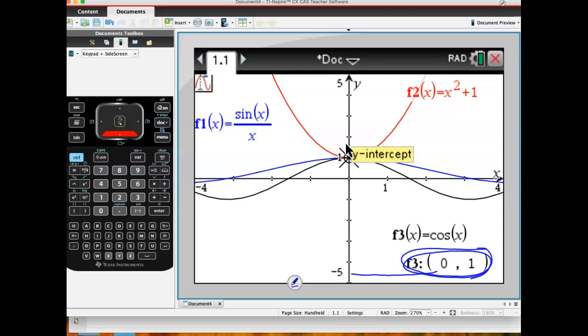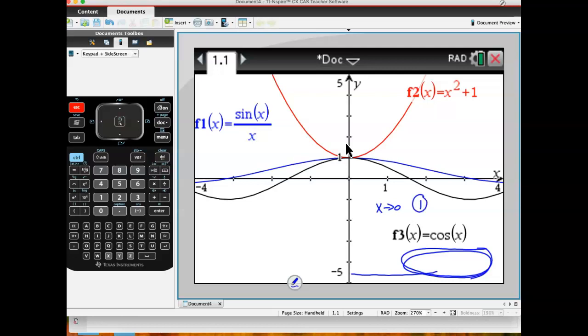So this is what the squeeze or sandwich theorem says: the black graph is always below the blue one, and the red one's always above the blue one. The limits of the red and black as x approaches 0 are 1.